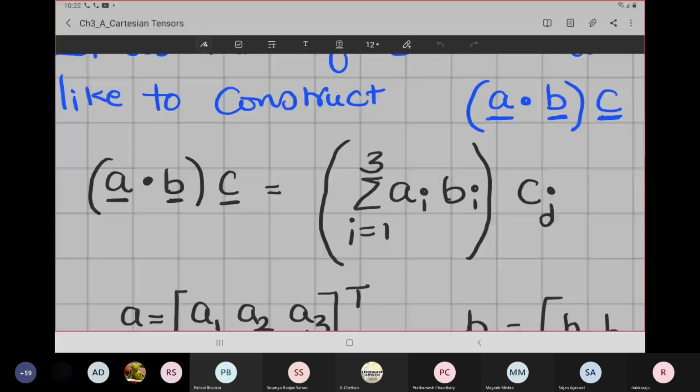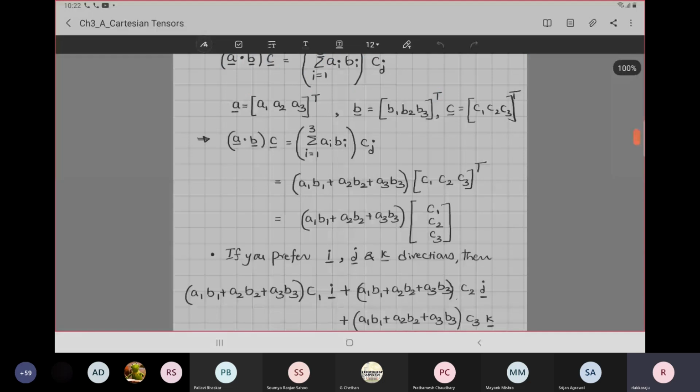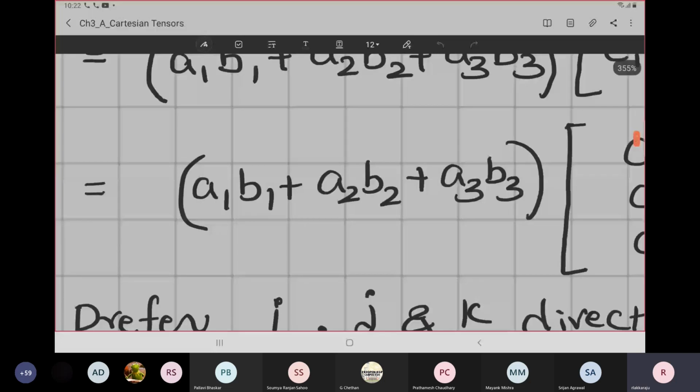So what you are seeing is there is a scalar multiplying different scalars of C, C1, C2, C3. So A dot B times C is summation AI BI Cj. In expansion form, that is A1 B1 plus A2 B2 plus A3 B3 multiplying C1, C2, C3.